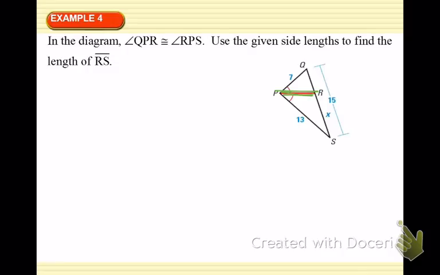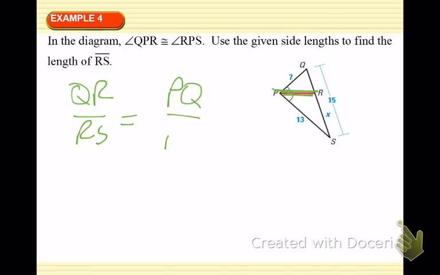That means that PR is going to cut the opposite side by that theorem that we just talked about. It's going to cut this opposite side, QS, into pieces that are proportional with the other two sides. In other words, the ratio of QR to RS is going to be equal to the ratio of PQ to PS.